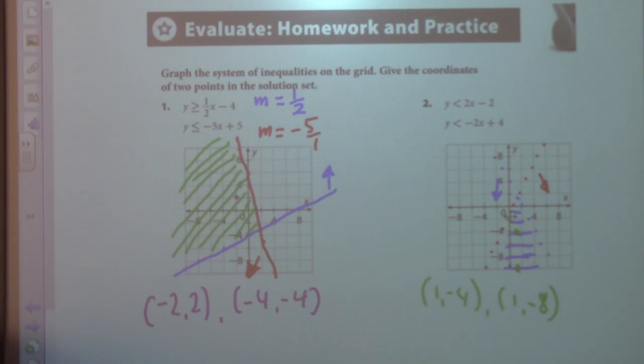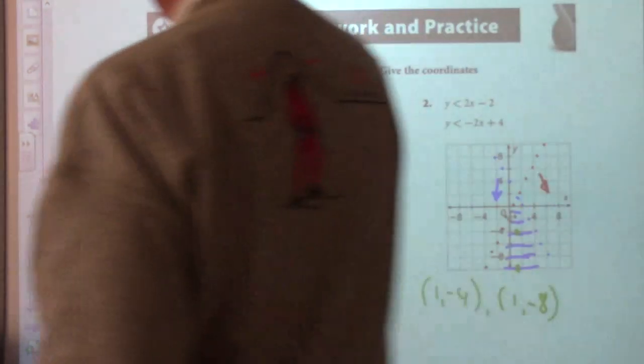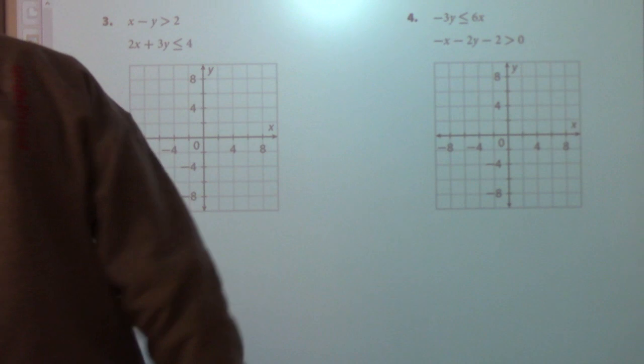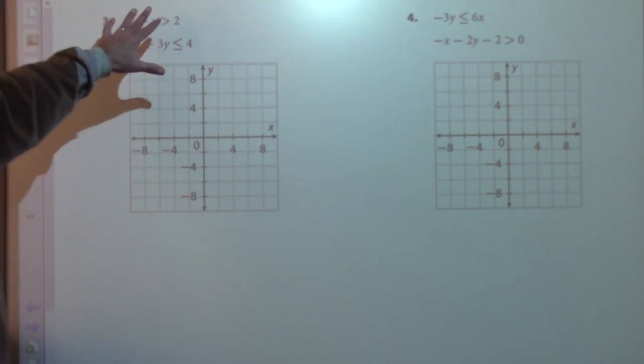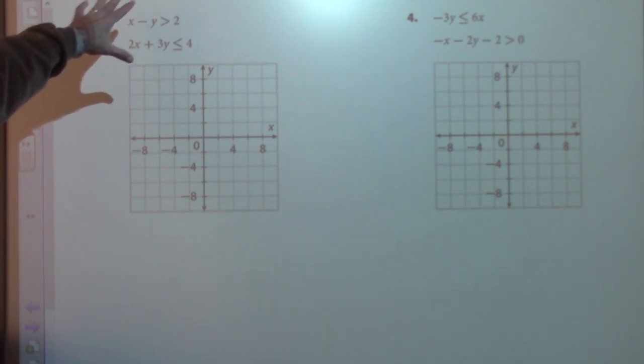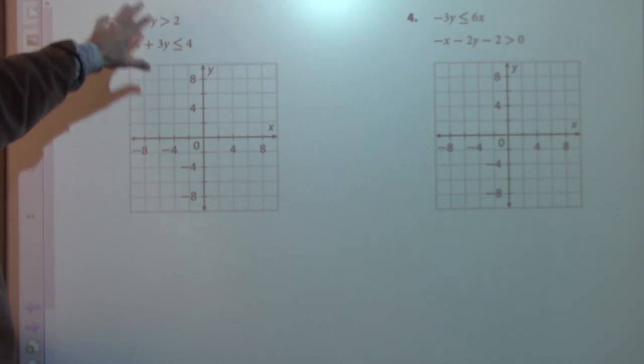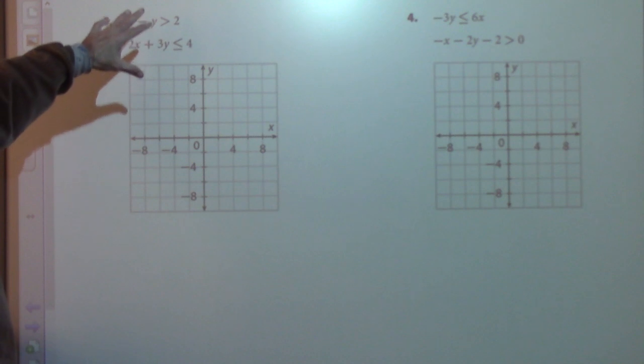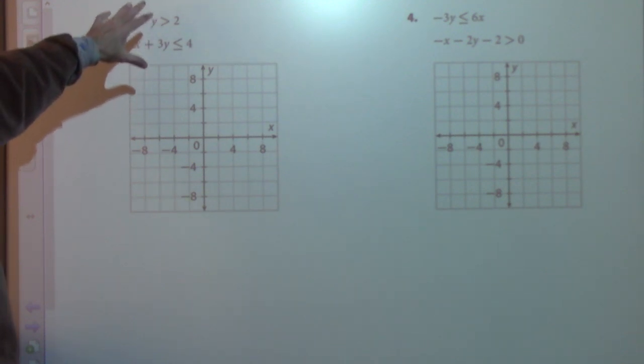Okay, I want to go ahead and look at problem 3. Problem 3 is this one right here. What kind of form do we have these in? Not equal to. Well, we have not equal to, but what kind of equation form do we have? Do we have slope-intercept form?